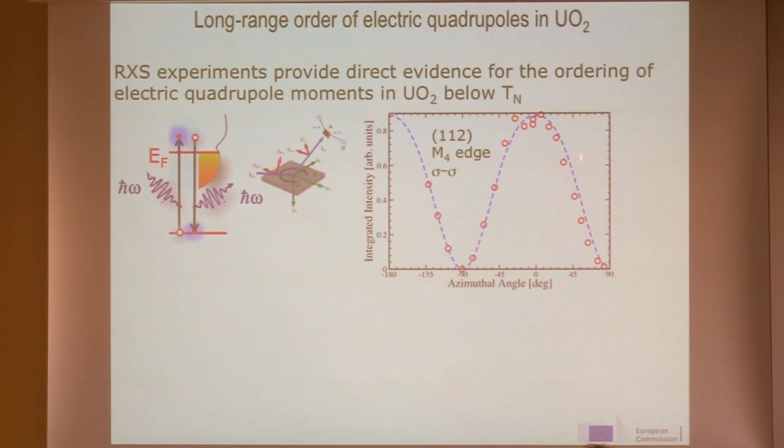Instead, you can observe these excitations using resonant X-ray scattering or resonant X-ray diffraction. So what you do is you tune the energy of the incident photon to an absorption edge, for instance, the M4 or M5 edges of uranium or neptunium.